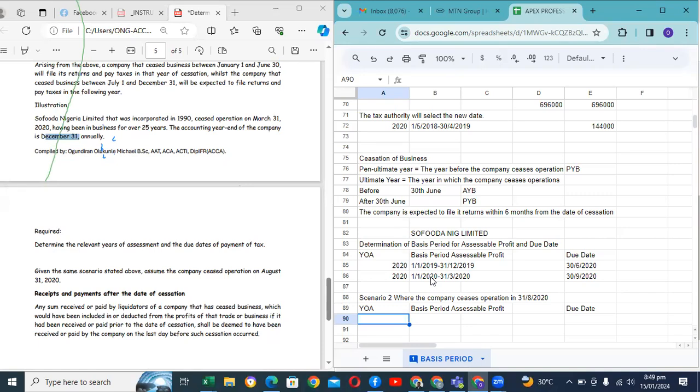The due date for an individual is 3 months. For individuals, you are expected to file your annual returns for directors by 30th or 31st March for December year end. So the due date for individuals is usually 3 months after.